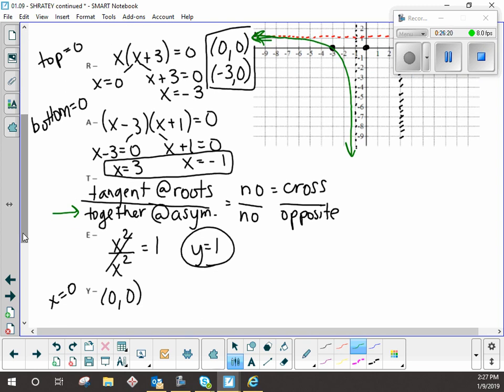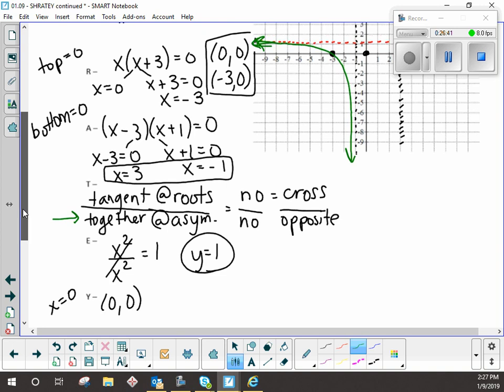It is not going to come together at the asymptote. Remember I told you that coming together looks like this if it's going down, or it looks like this if it's going up. If it's not doing this, it's doing this, it's going opposite.